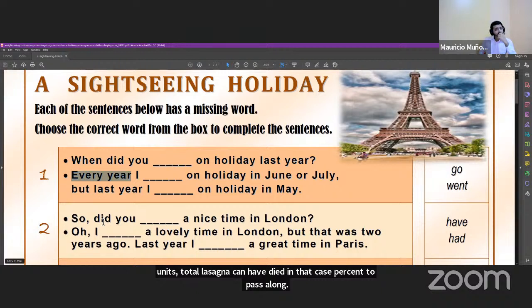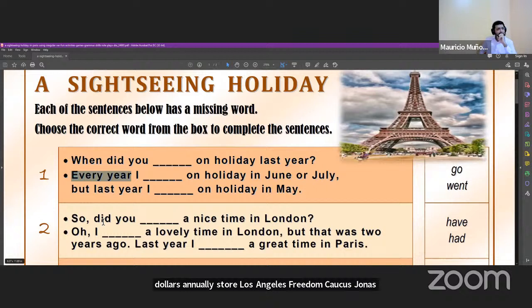Todos los años fui de vacaciones, así se diría. Es present. Recuerde, todos los días, todos los años, todas las semanas. So, esto tiene que tener en cuenta, te da una pista de lo que debes utilizar. En este caso es present.